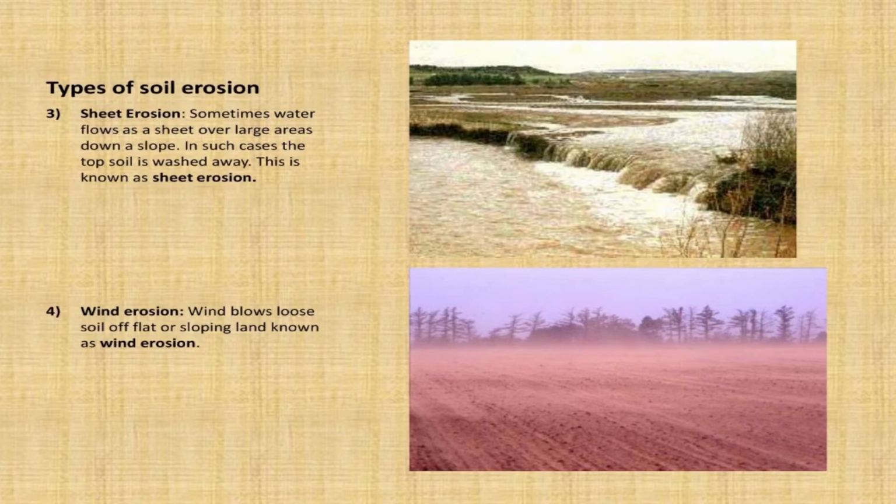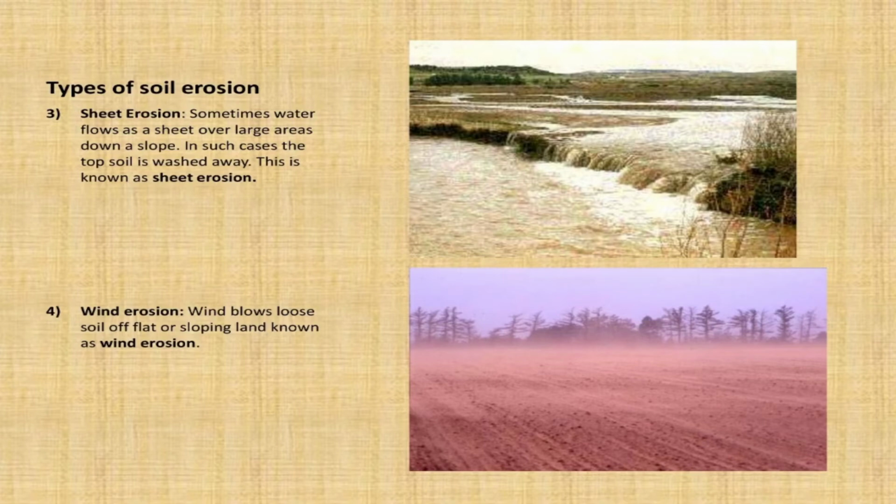If we see the types of soil erosion, number three is sheet erosion, and number four is wind erosion. Sometimes water flows as a sheet over large areas in a downslope.